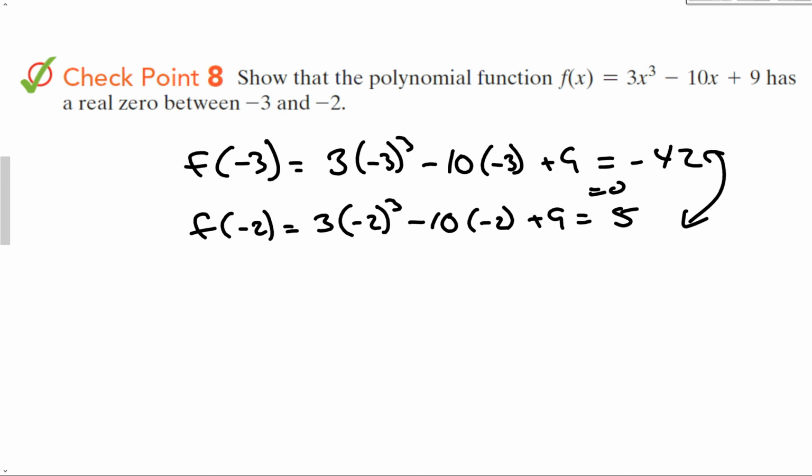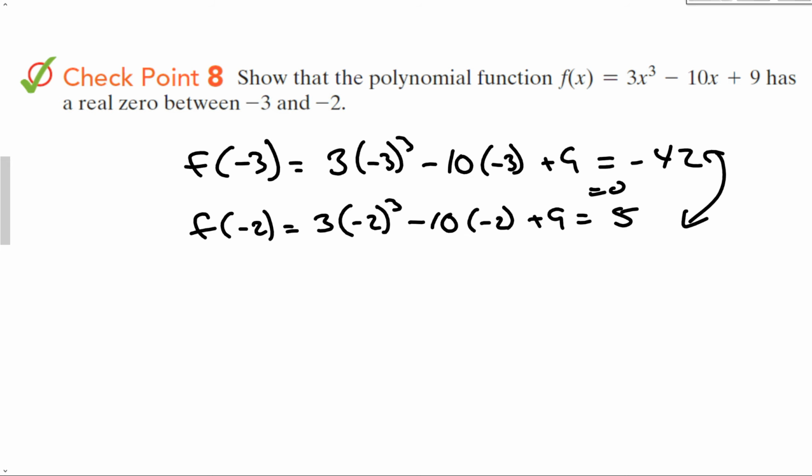At each turning point, the graph changes direction from increasing to decreasing, or from decreasing to increasing. The given equation has 5 as its greatest exponent. See that? It's x to the fifth power, and therefore is a polynomial function of degree 5. So notice that the graph has 4 turning points.